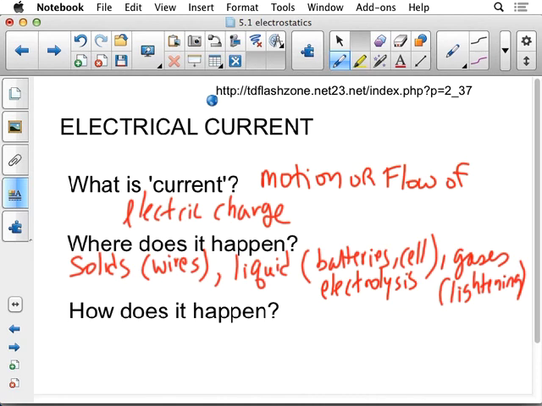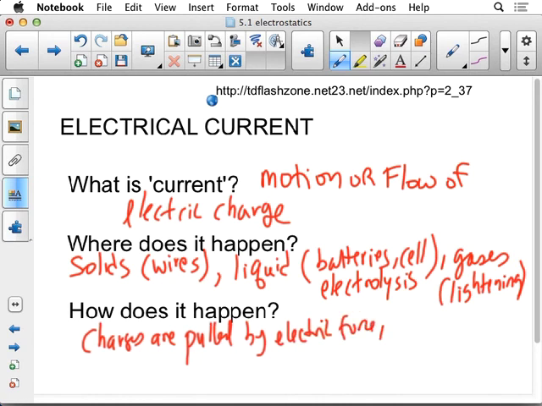So charges move because they experience a force that pulls them, you might say, by the electric force, or that is, they are reacting to an electric field. And we know all about electric field.